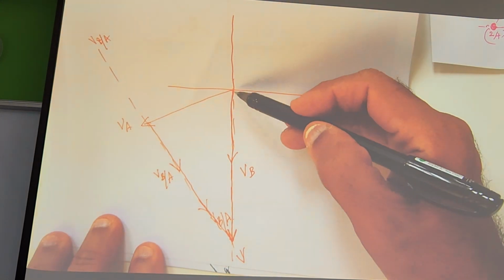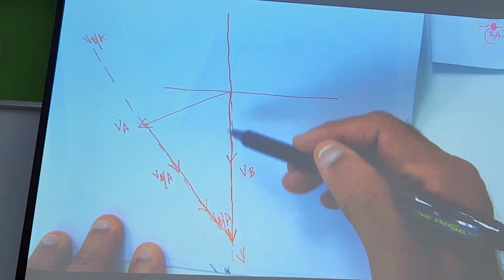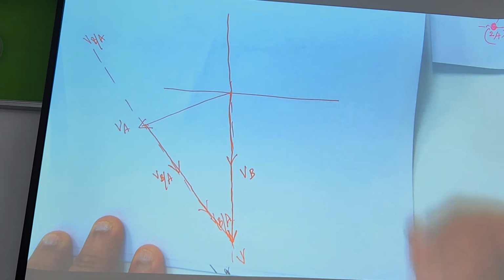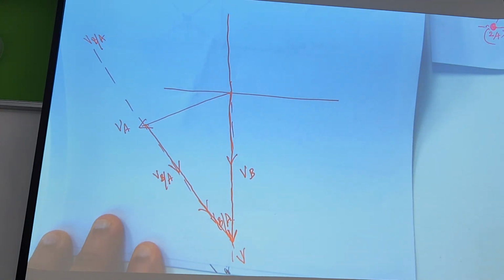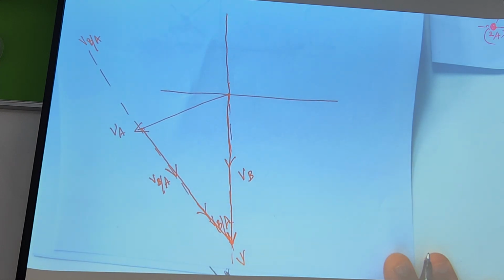From this velocity polygon, you can measure the velocity B, then compare this with your instantaneous centers method. So I'll be happy if anybody can give me the values.